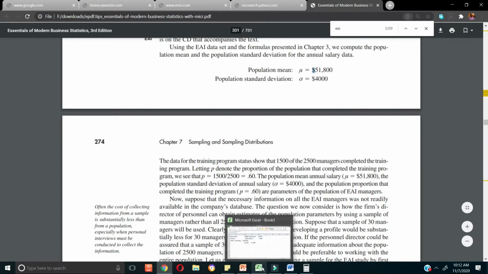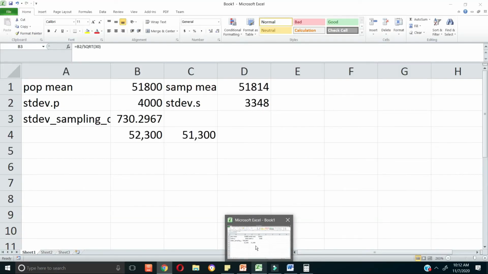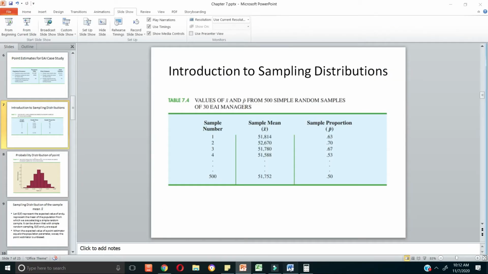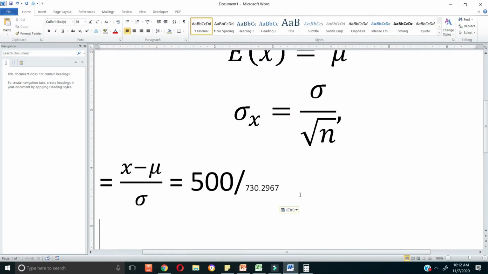is this value over here, the 730.2967. So this is our sigma over here.